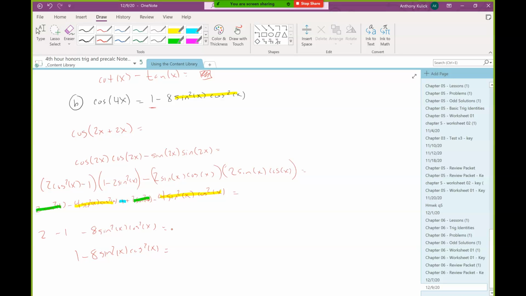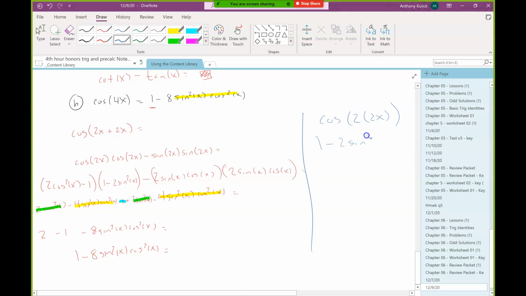This worked still. Probably would have been easier to do this as cosine of 2 times 2x and do 2 double angle formulas. But c'est la vie, you live and you learn. Sometimes it's not totally obvious right from the outset which one is going to be the easier way to go. So just as I was saying, it might have been easier to think about it this way, because then I could have done that, and that would have been easy to get 2 from there.